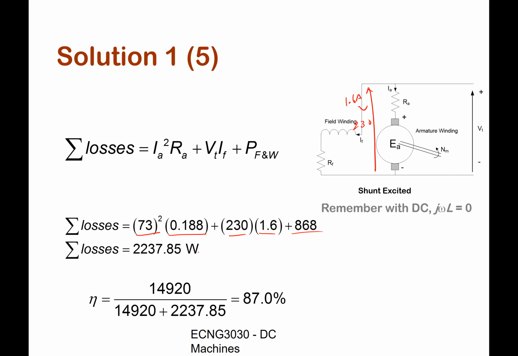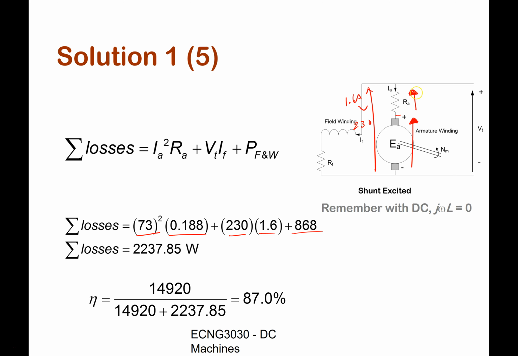Now why couldn't we do the same thing here and say 73 times 230? Could we have done that? No, we couldn't, because here we have the voltage across here that is separate from the voltage here. So it's not the full 230 volts across the Ra.